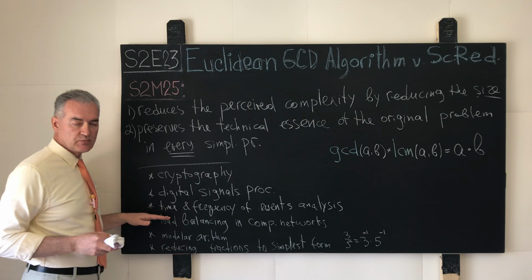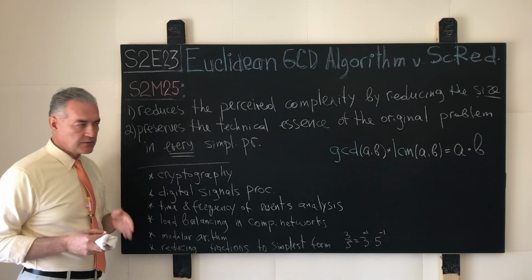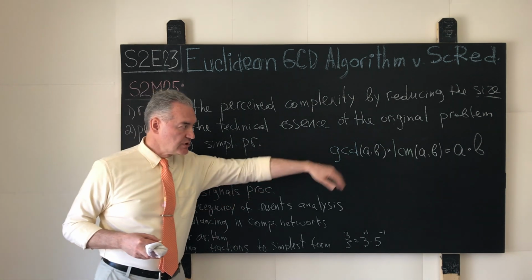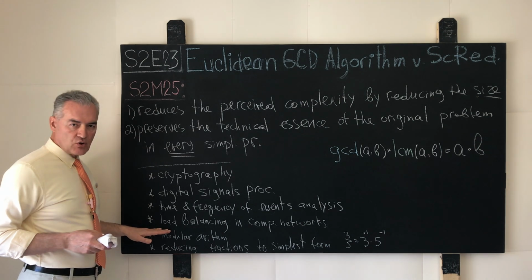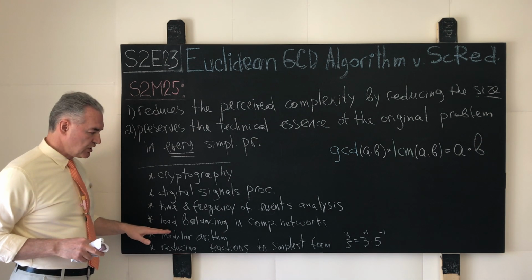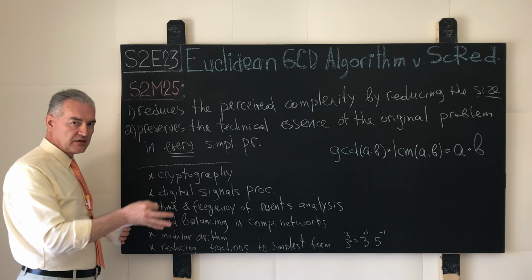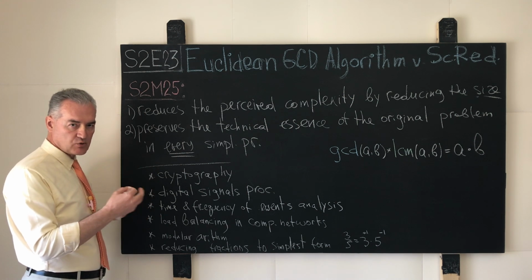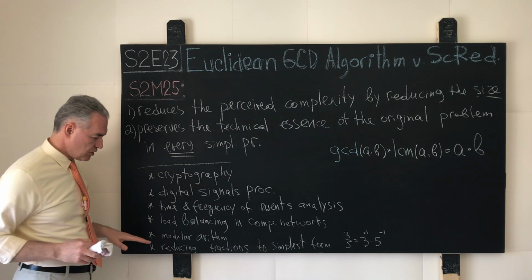For example, if we want to make sure that sooner or later two events happen at the same time, we will need to compute the least common multiple of the numbers at hand, and so on. The notion of the greatest common divisor is also used in load balancing in computer networks. For example, when we decide which of n computers that participate in the network conversation should receive the next load of work.